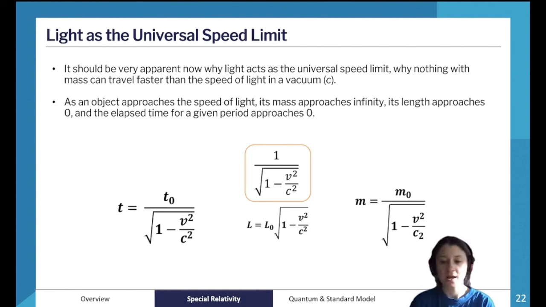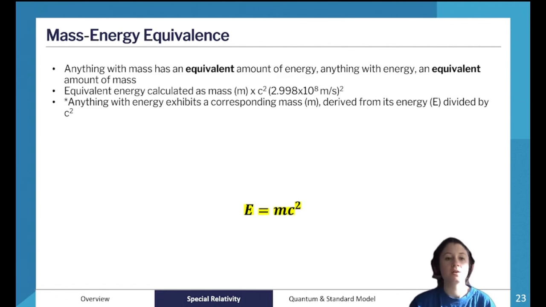Alrighty, now we're going to get onto mass-energy equivalence. So, anything with mass has an equivalent amount of energy, right? So anything with energy has an equivalent amount of mass.